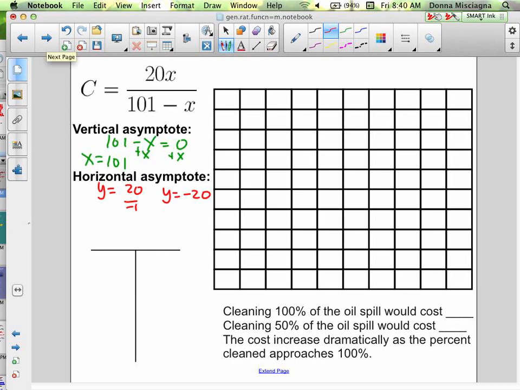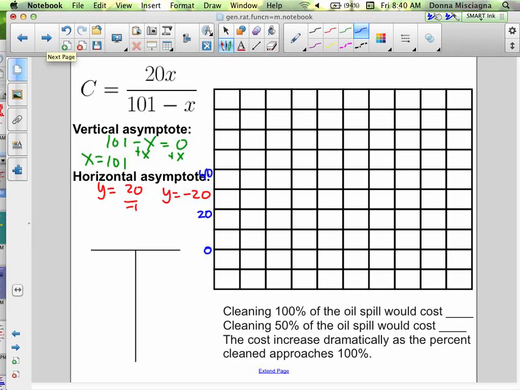All right, so let's put some values on this. Let's see, maybe I go up by 20s. If this is 0, 10, 20, 30, 40, 50, 60, 70, 80, I don't have enough. We'll go up by 20s. So maybe I'll put 0 here. And then this would be 20%, 40%.